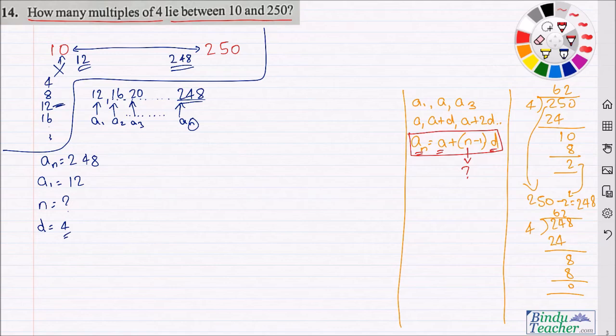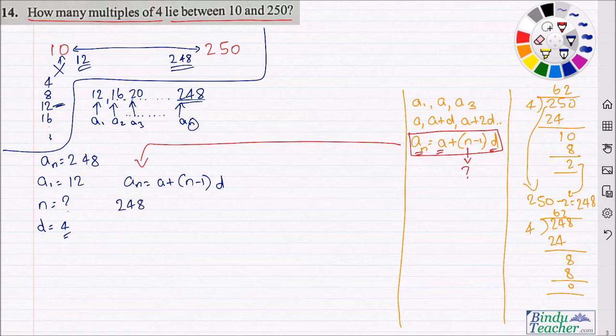Now let's use this formula here. We say A of n equals A plus n minus 1 into D. Now A of n is 248 equals 12 plus n, which is something that we don't know, into D, where D equals 4.